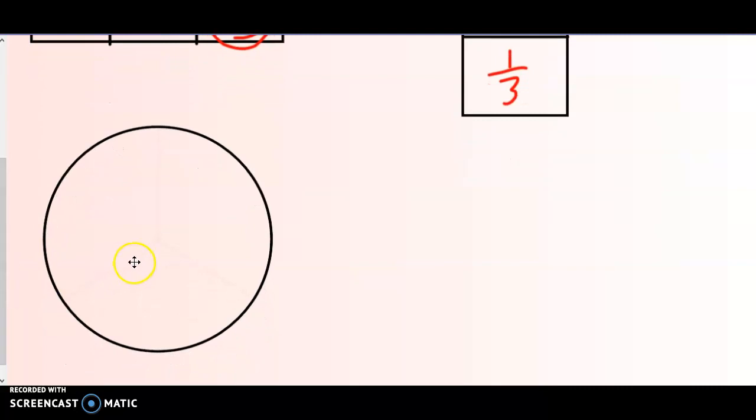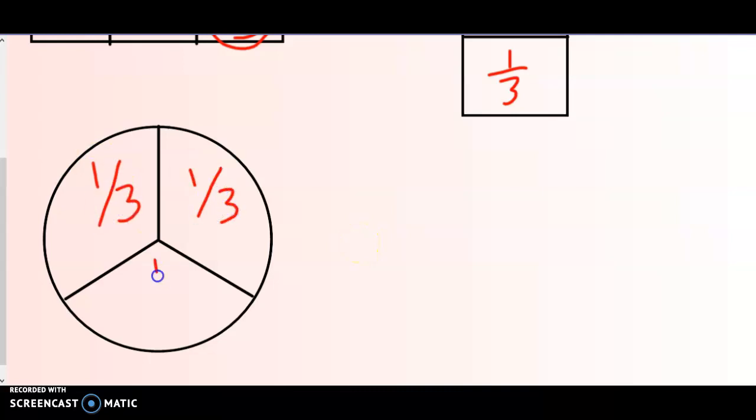A circle can only be split equally into 3 pieces one way, and that is this way right here. And these are equal to 1/3. 1 out of 3 pieces.